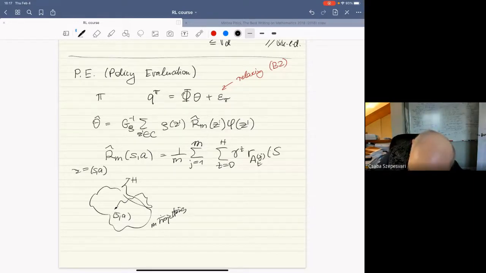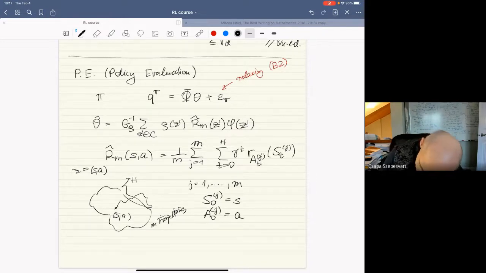So the trajectory is going to be a sequence of state-action pairs. For any of these trajectories, the very first state is just going to be S. The very first action is going to be A.